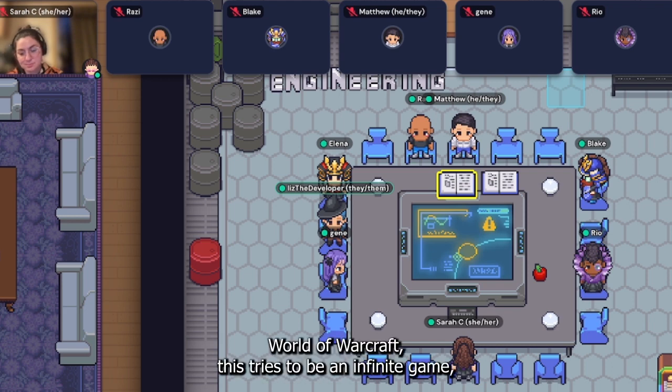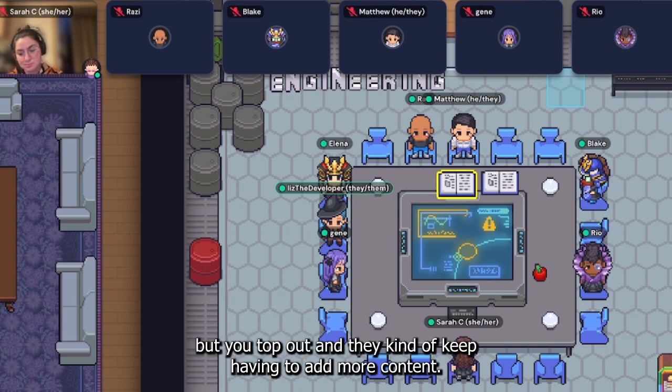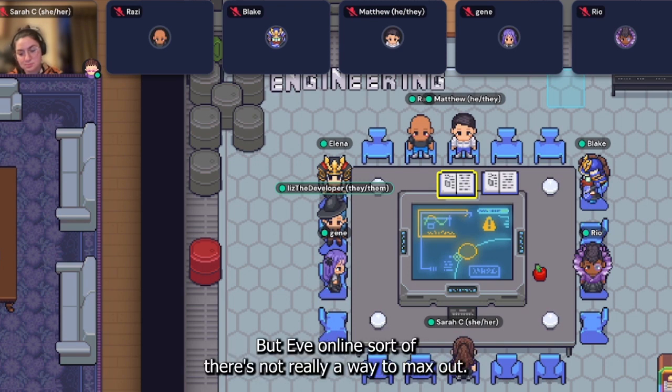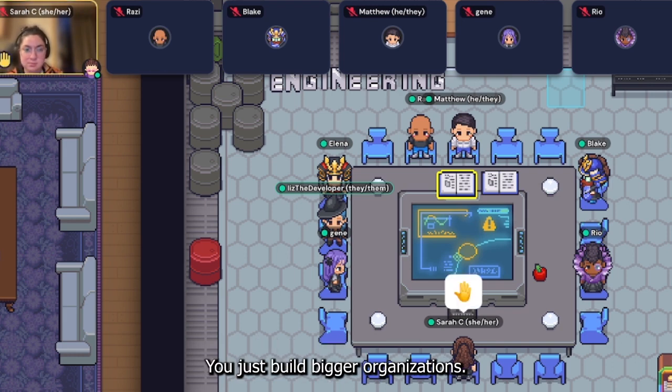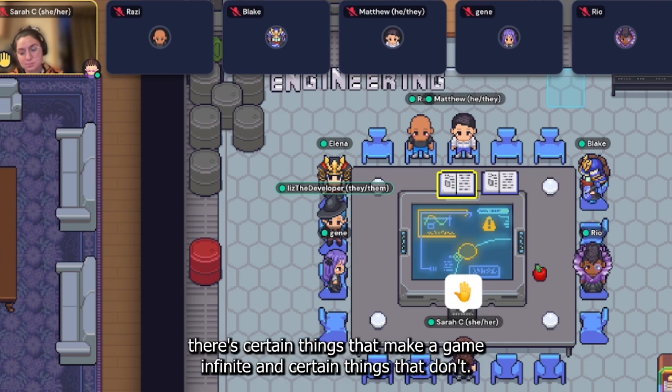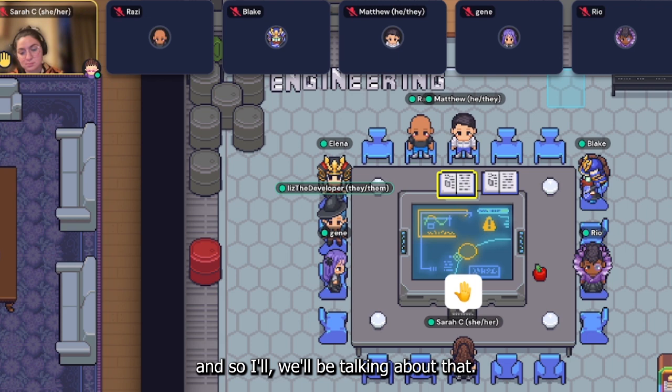World of Warcraft tries to be an infinite game, but you top out and they kind of keep having to add more content, right? But in EVE Online there's not really a way to max out. You just build bigger organizations. So the game is in the people. There are certain things that make a game infinite and certain things that don't. And so we'll be talking about that.